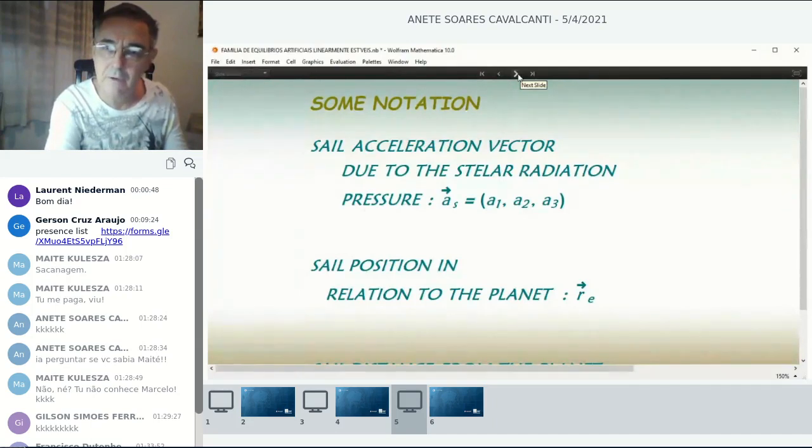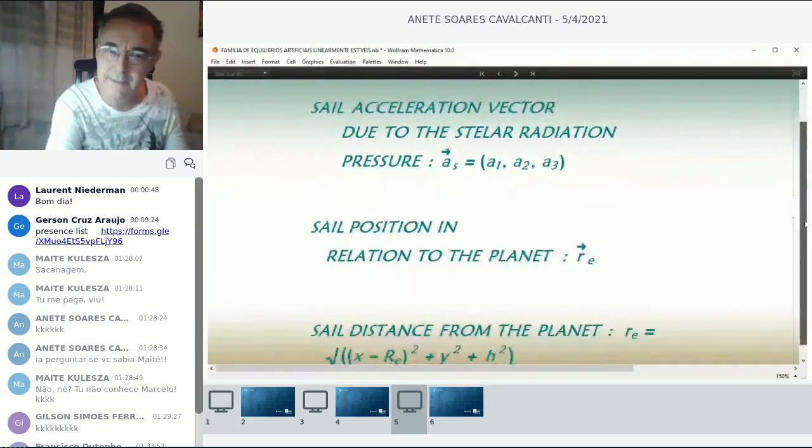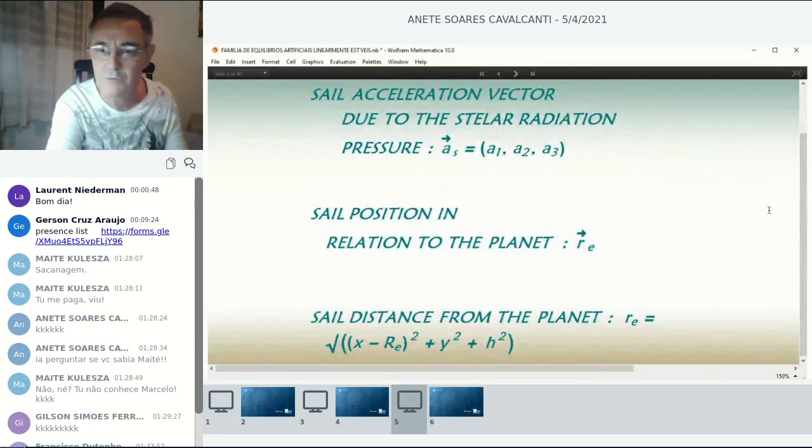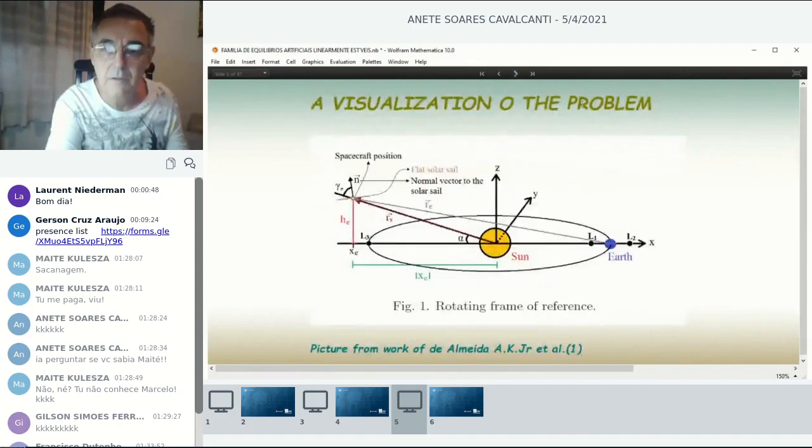And we also have another vector that is the sail position in relation to the planet, that's r minus RE, okay? So the sail distance from the planet is this one given here below.